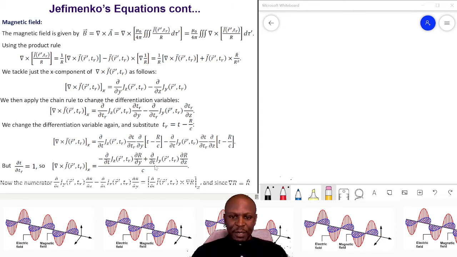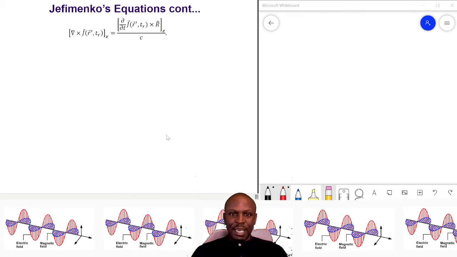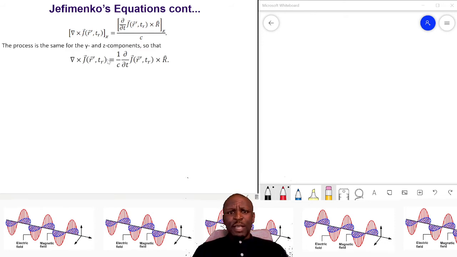Now the numerator can be written in terms of this, in x, and since the gradient of r is just the unit vector r, in that case you can just write the general form, this is in x. Now if you apply the same for y and z, the general solution is just given by this equation. That is the curl of j, the current density, is just given by 1 over c, the time derivative of j at the retarded time, cross the unit vector r.